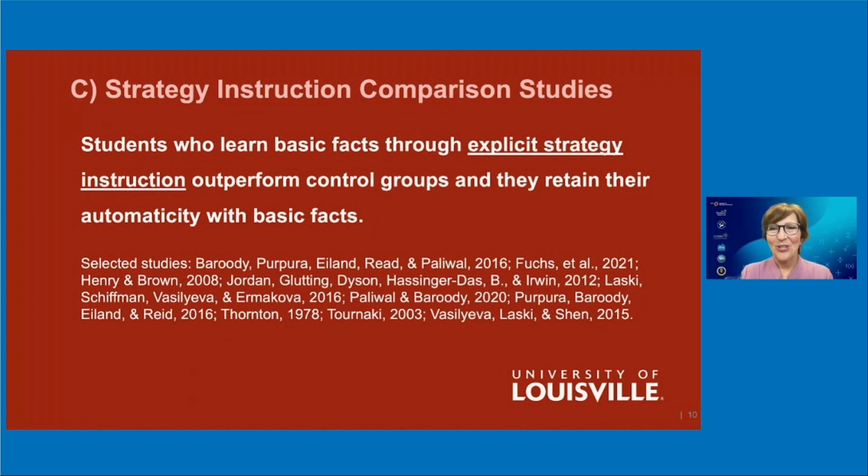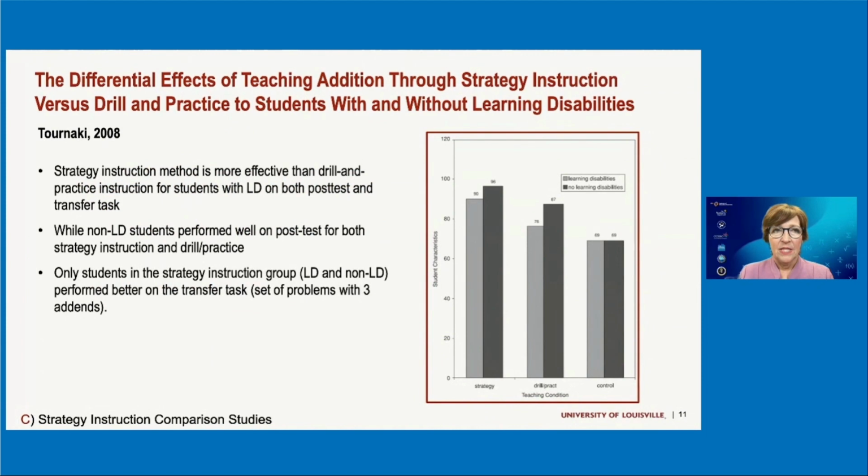And again, I'm going to just show you a couple of them to give you a flavor for the kind of work that's been done in this area. This is Ternaki, and this study had three groups: the strategy instruction group, the drill and practice, and the control group. The light gray is the students with learning disabilities, and you can see they really benefited from the strategy instruction.